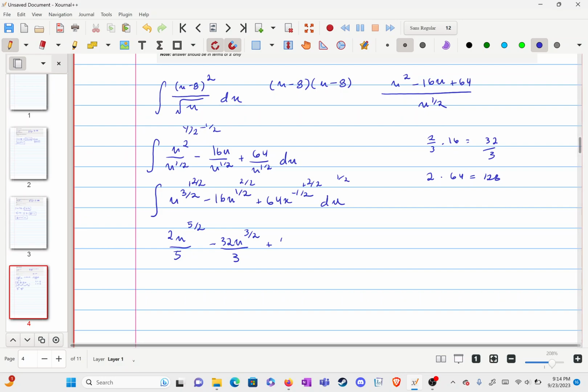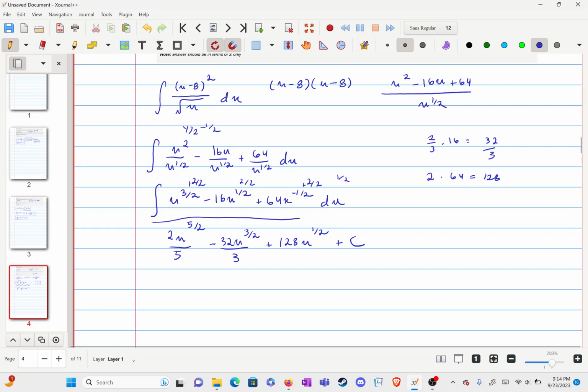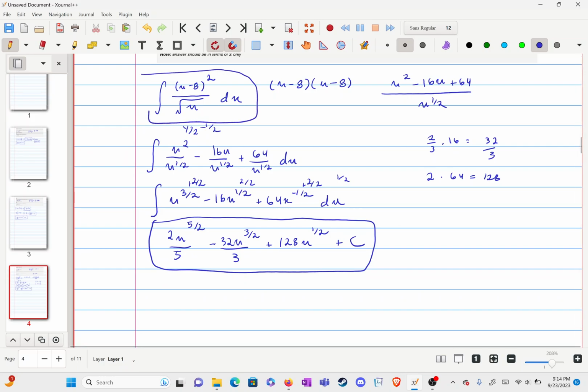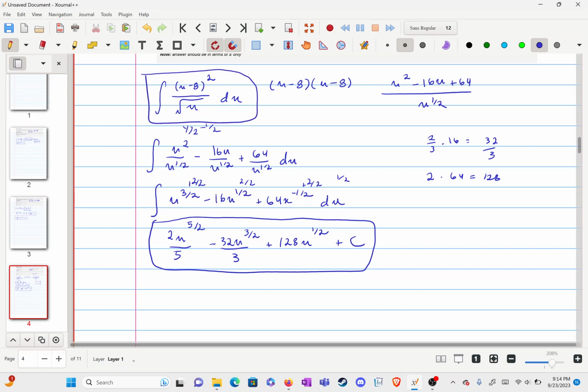So we have plus 128u to the 1/2 power. And then that's an indefinite integral, so plus c. That is our evaluation and done for part 1. That's our integral setup for part 1 as well. I'll circle that. So part 1 is completely done.